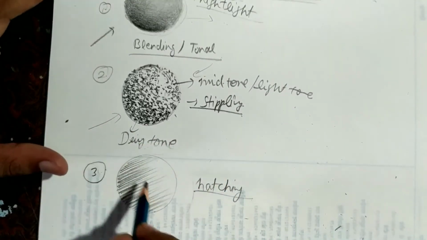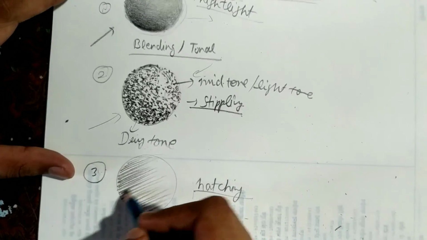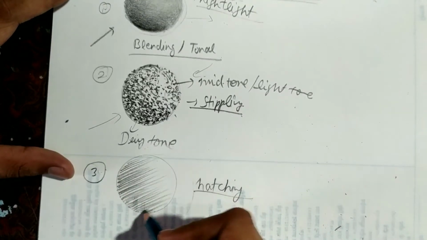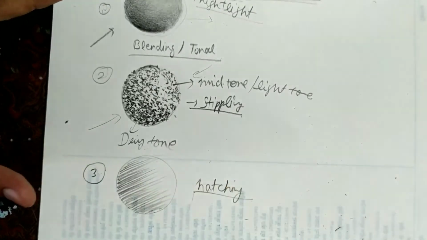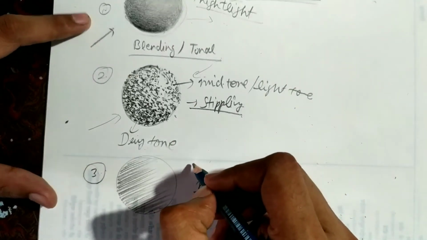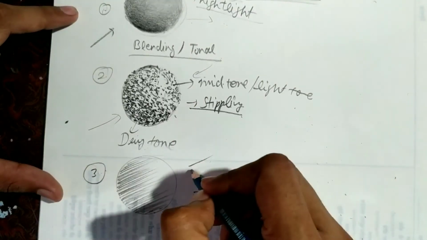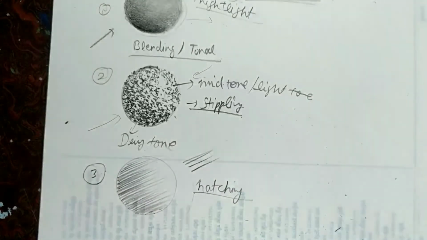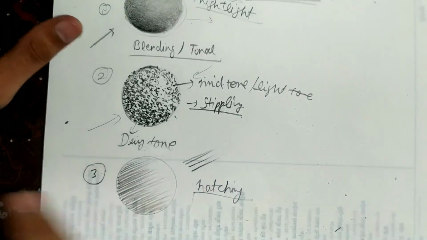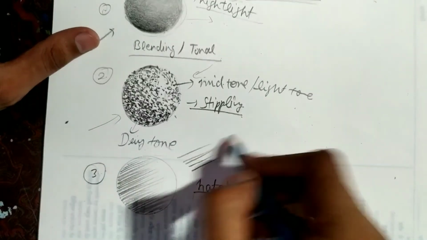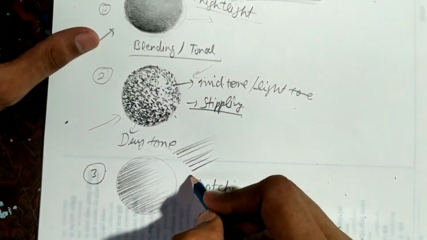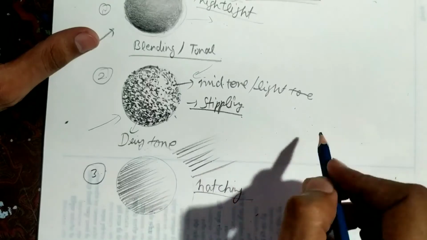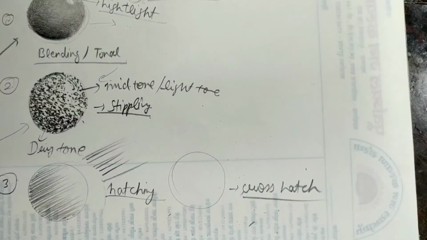You can see clearly the lines are parallel to each other. The technique I am using here is pressurizing at the starting point and releasing at the ending point. Don't pressurize your pencil too much, it will damage your paper or the texture of the shading. Continue this way, pressurize at the starting point and release at the end point.